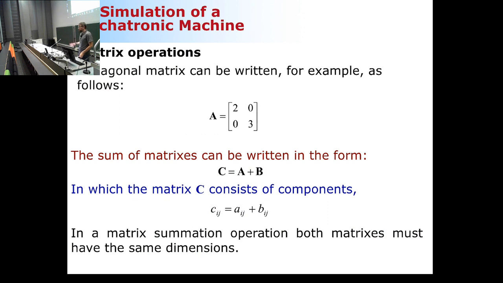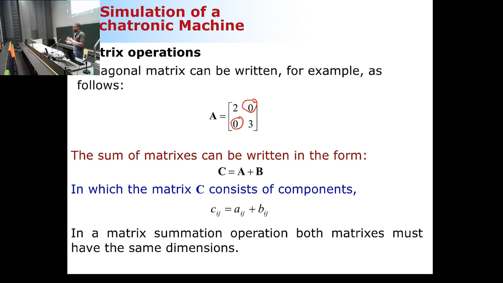Now, the diagonal matrix is another thing that we are often using. A diagonal matrix means that the off-diagonal components, which in the case of a 2 by 2 matrix are located here and here, are equal to 0. Often we are dealing with identity matrices.